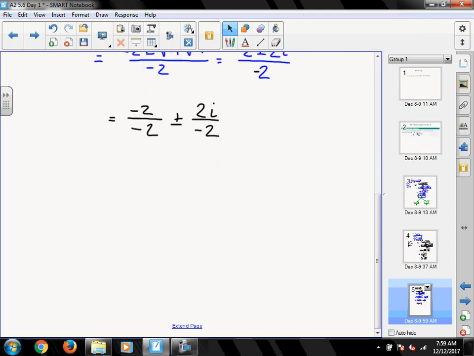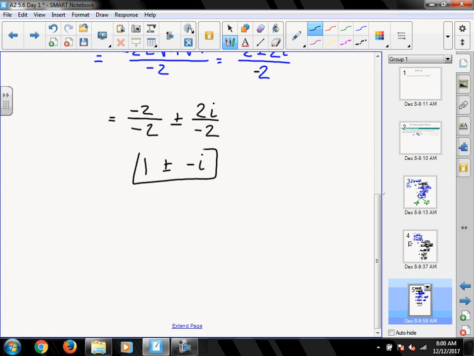And now this falls right into the regular fractions that you guys are used to. Negative 2 over negative 2 is just going to give me 1 plus or minus 2i over negative 2 is going to be negative i, and there is our answer.